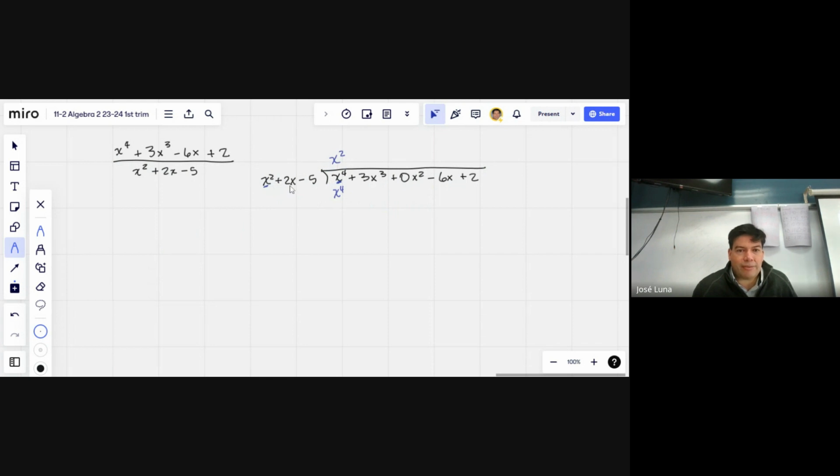X squared times 2x is 2x cubed. X squared times negative 5 happens to be negative 5x squared. And I have to make sure that I'm writing the terms under their like terms. The x to the 4th under the x to the 4th, the x cubes under the x cubes, the x squares under the x squares.